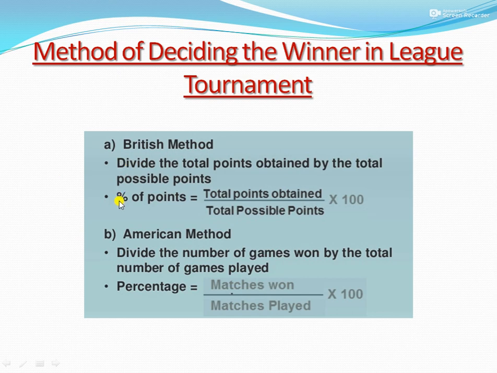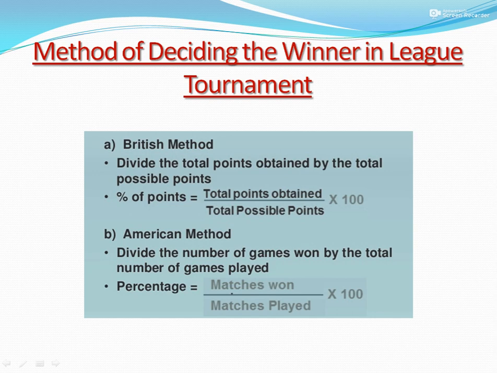In the British method, the percentile of points will be total points obtained into 100 divided by total possible points. Suppose we have 10 total matches, right? And if we won 6 matches, the total points obtained will be 6 into 2, because we won 6 matches and for every match we get 2 points.